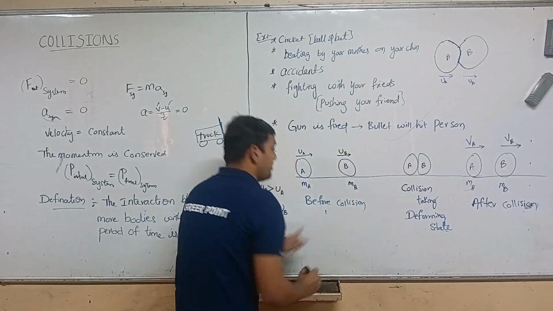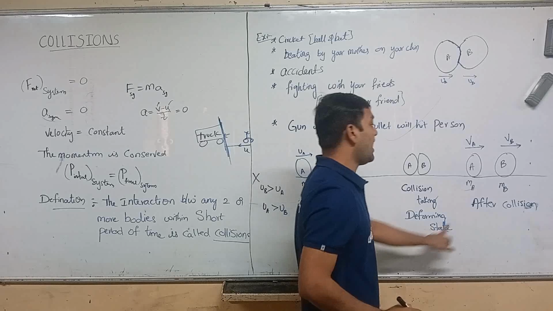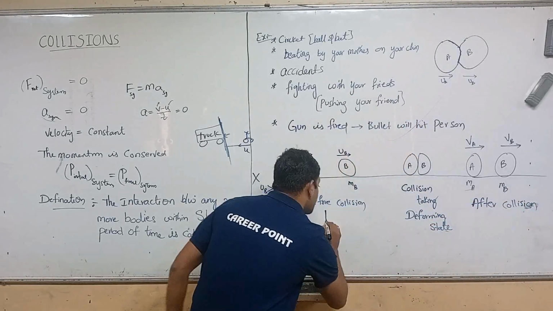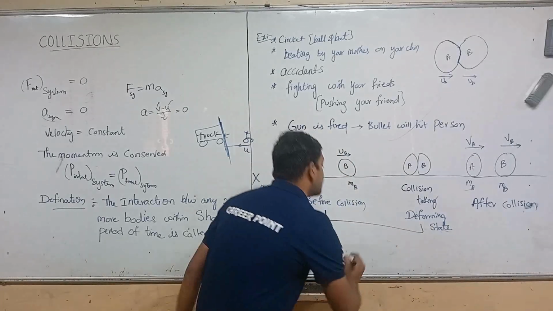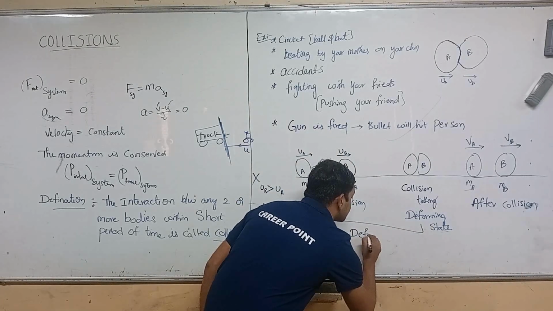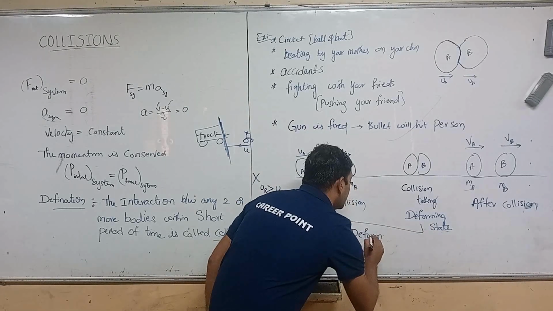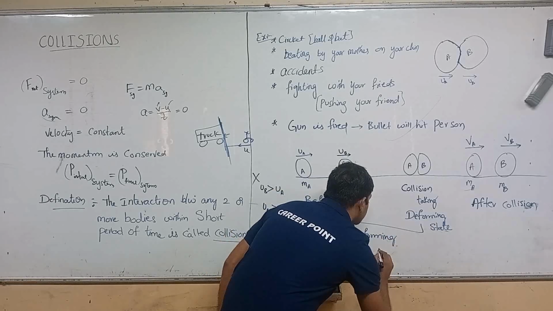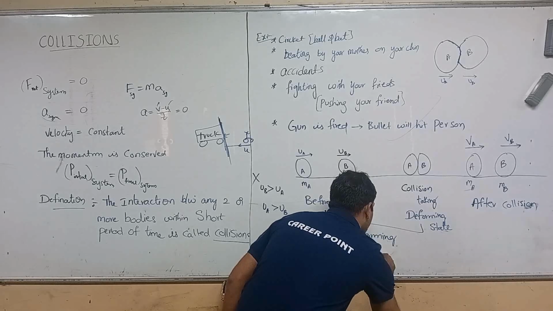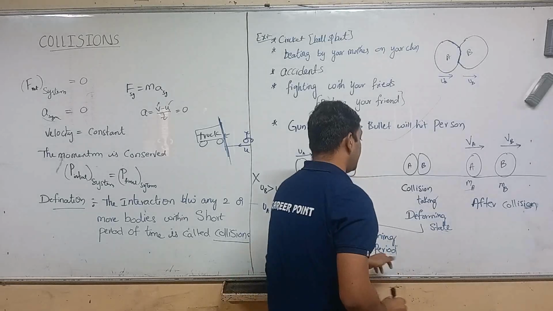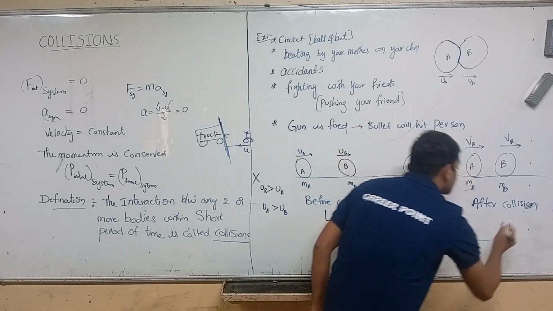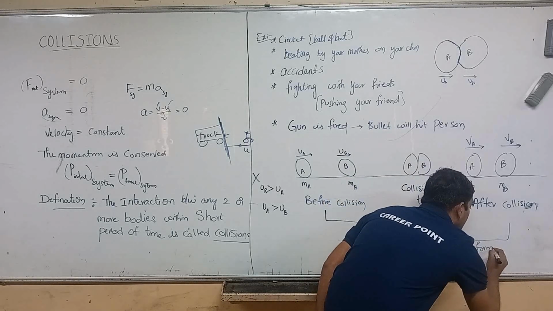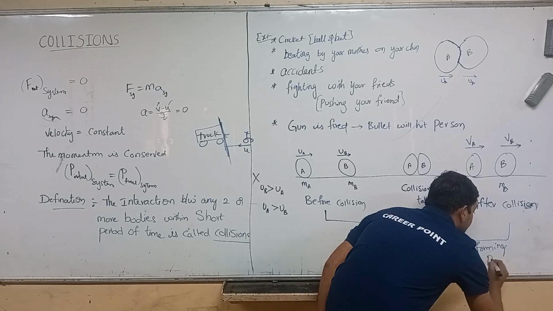Here this is before collision, this is my deforming state, and this is my reforming. From here to here we have the deforming period, and from this to this we have the reforming period.